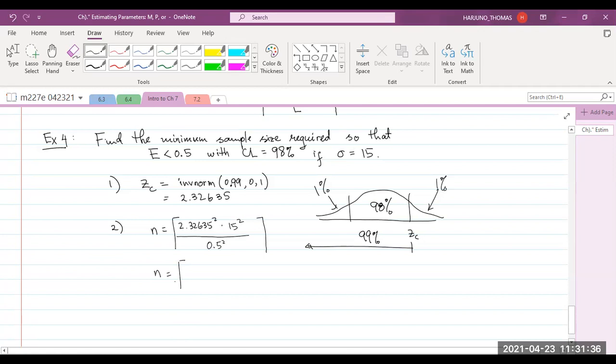So 2.32635 squared times 15 squared divided by 0.5 squared. I get 4,870.71, but I need to round it up. So the minimum sample size will be 4,871. That's the minimum sample size.